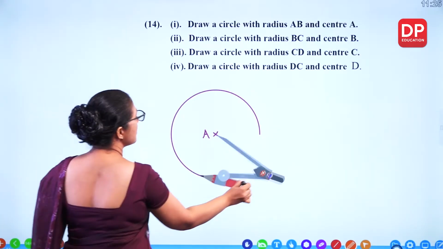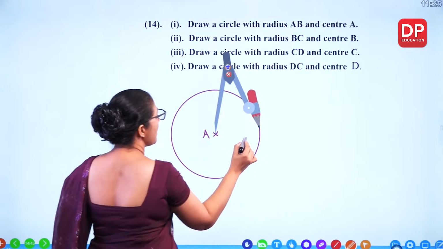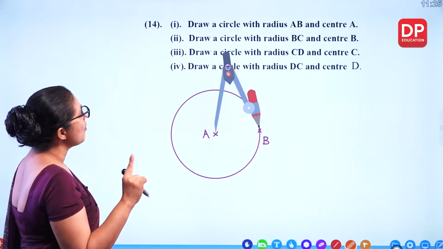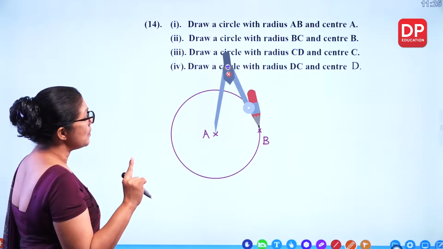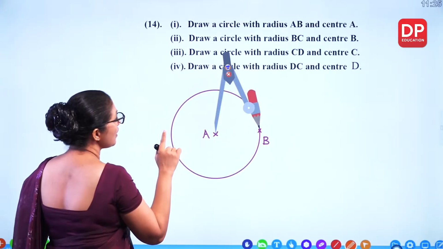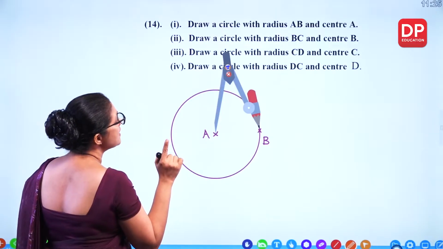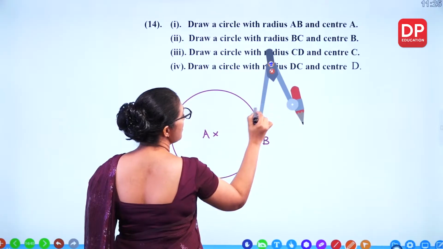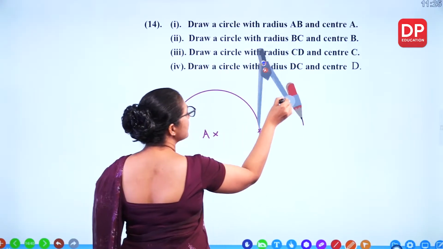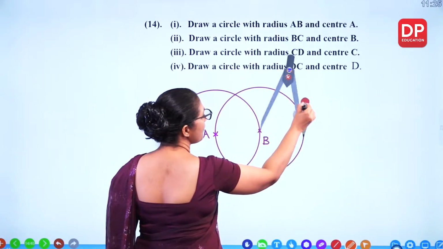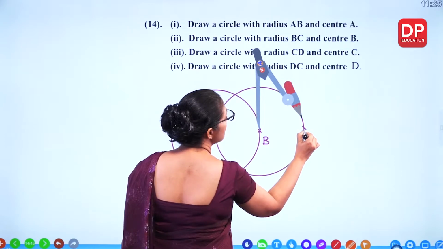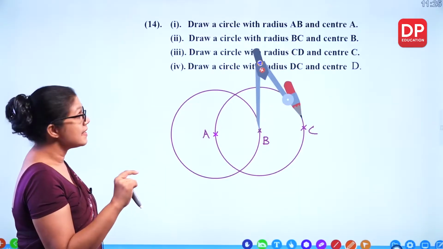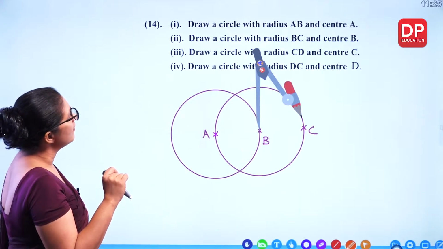So that's the circle with center A, and I can mark this one as B, radius AB. Now I need to draw a circle with center B, and BC is the radius. So I can take the same length and draw a circle. So I can mark C. BC is the radius and B is the center now. That's the second one.